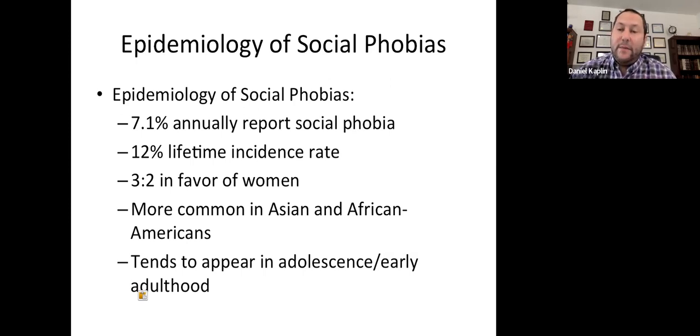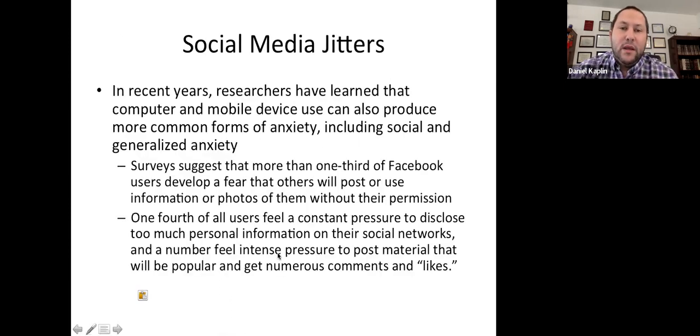We tend to see this happening even as early as adolescence, which makes sense because if we think about the social development of teenagers, one of the challenges is to figure out who they are, or the identity crisis. So that makes sense.